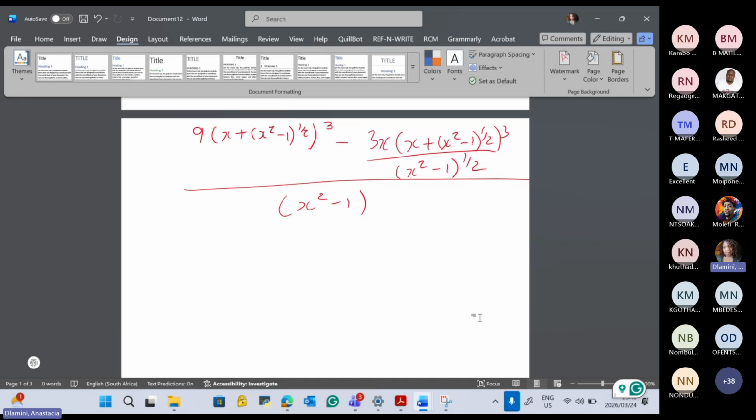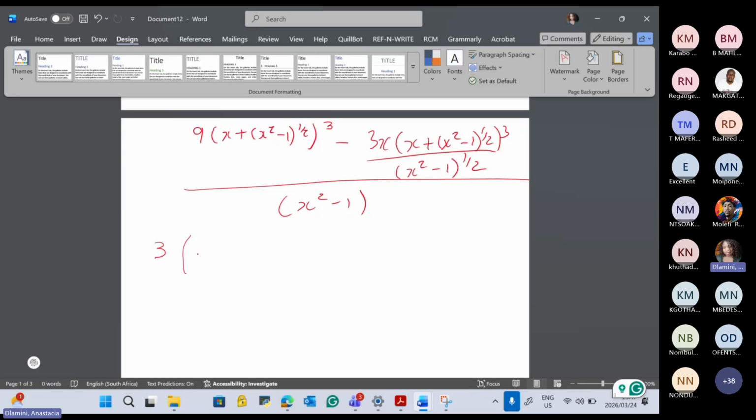So what do you think we can do here, guys? I'm going to find the common denominator on the numerator. So what is the common denominator in this case? It's (x squared minus 1) to the power of 1 over 2.